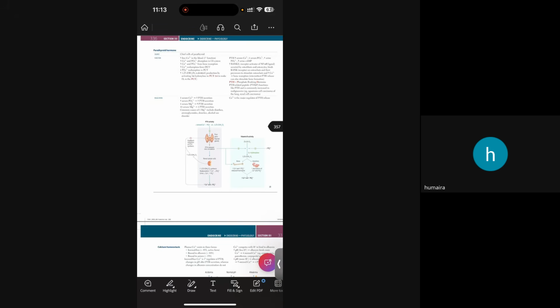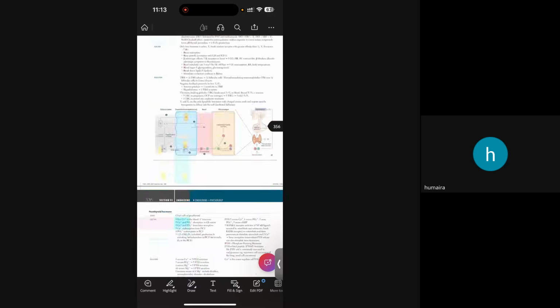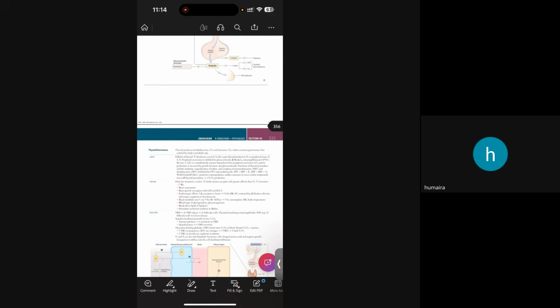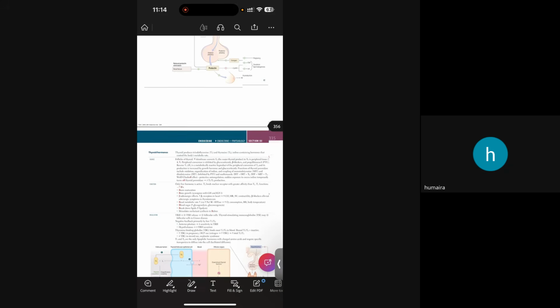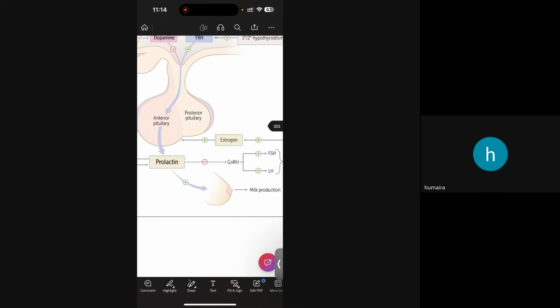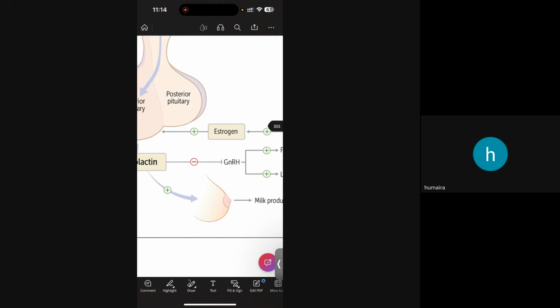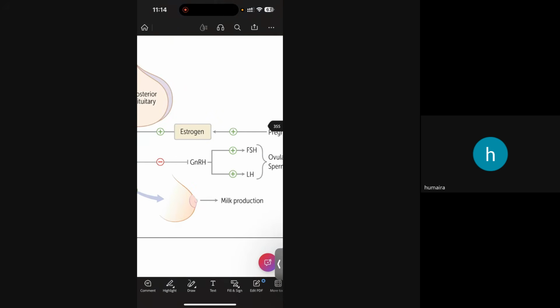Now due to prolactinoma the estrogen production has stopped, because prolactin inhibits GnRH, and GnRH is responsible for FSH and LH production, due to which estrogen production is stopped.